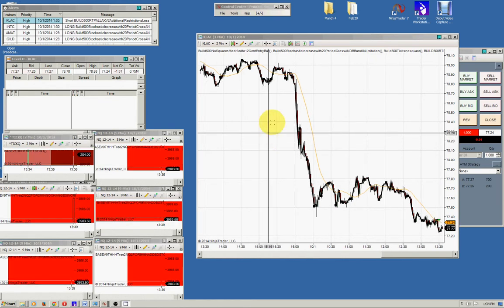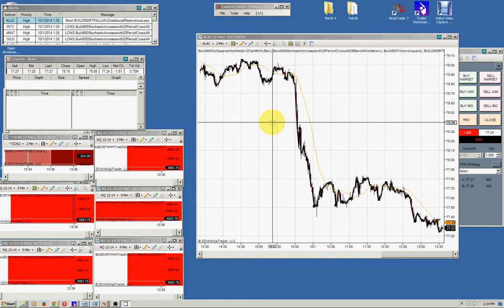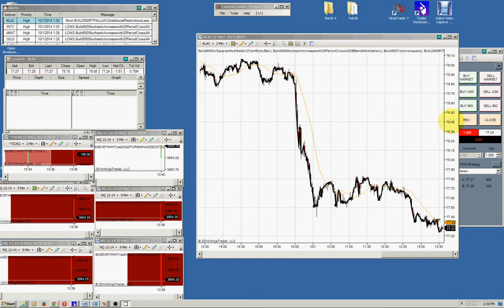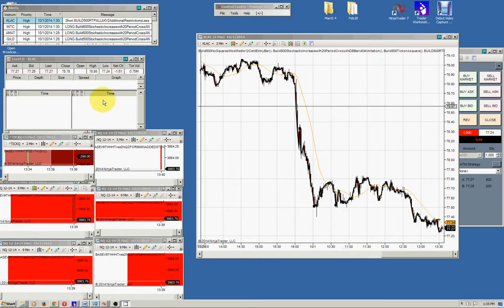Alright, we're still at ask of 77.27, so the trade has not moved anywhere, even in spite of the fact that we have some very strong trees indicating downward movement in the market. Now keep in mind 2 things. We're trading a stock that is at the low of the day, so you're going to get some pushback from other traders who look for stocks trading at the low of the day for a reversal.